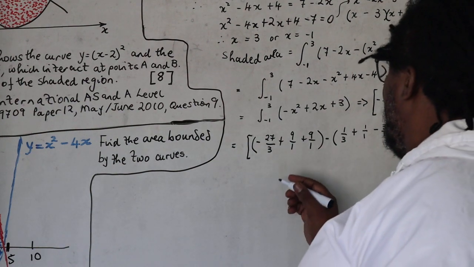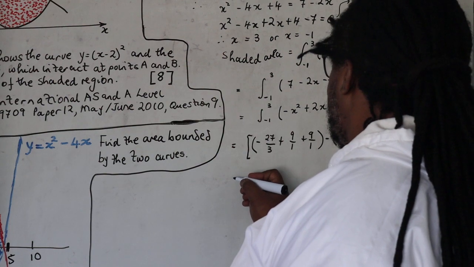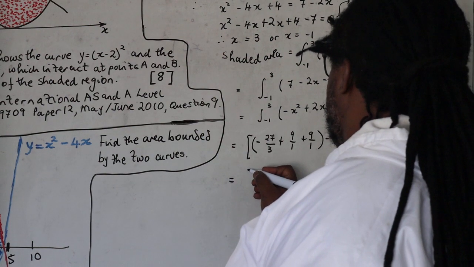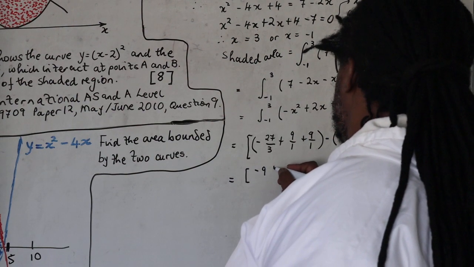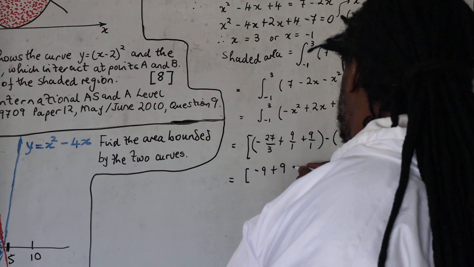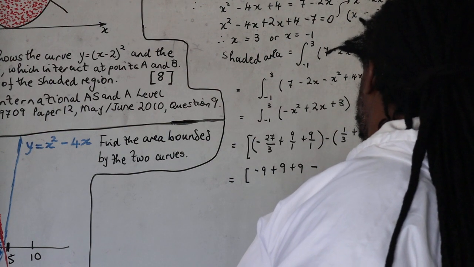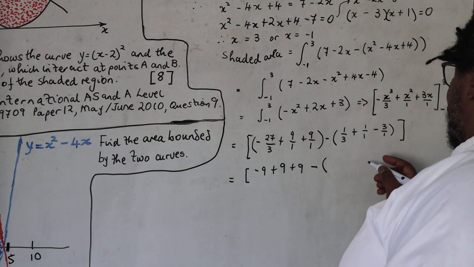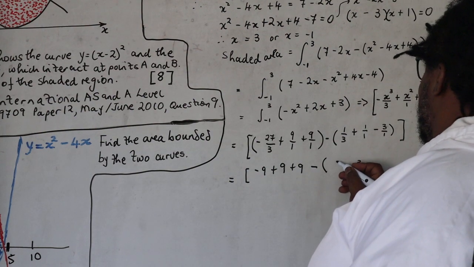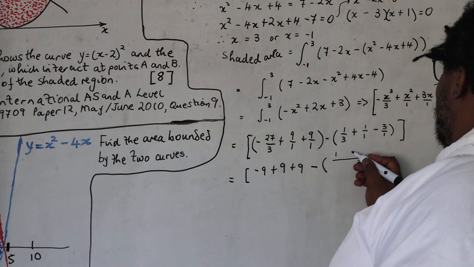So we solve this, and here we have this is equal to bracket minus 9 plus 9 plus 9 minus bracket. Our common denominator there is 3. 3 into 3 is 1 times 1 is 1.